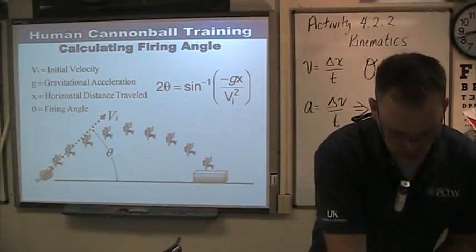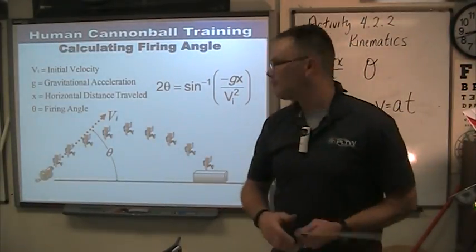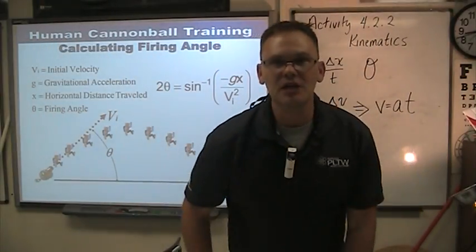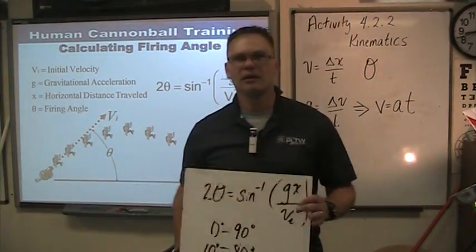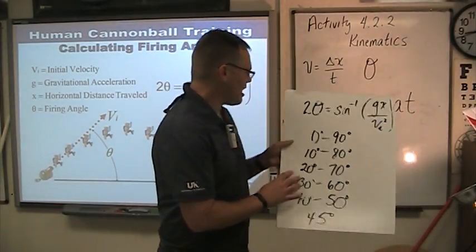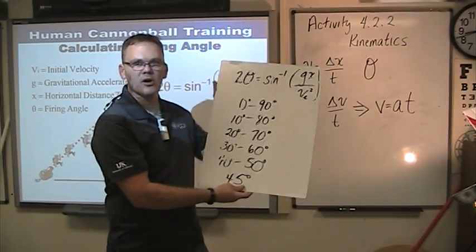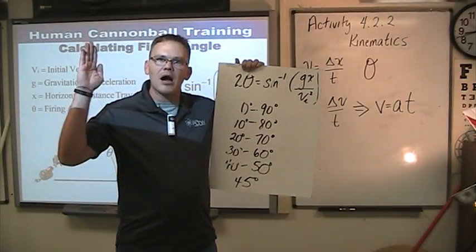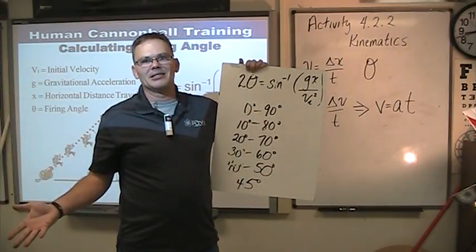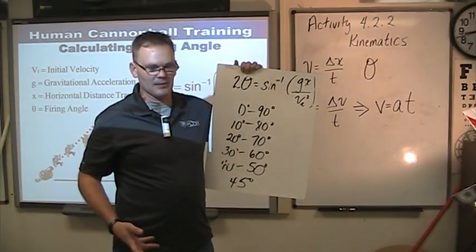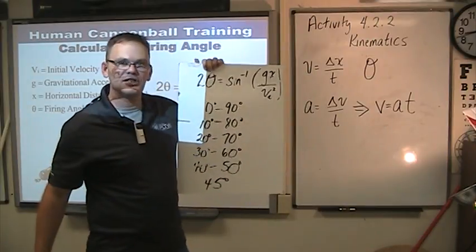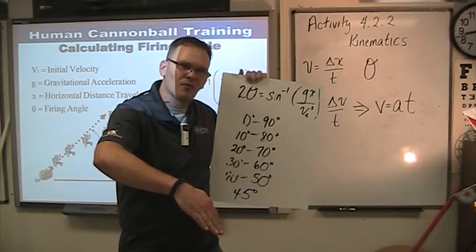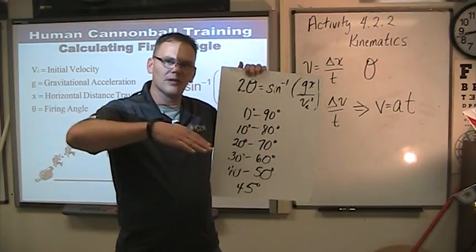Now, with the angle that you fire it at, notice that we have 2 theta. What does this mean? Well, this means that we actually have 2 angles that are correct. Because of it, at 0 and 90 degrees, if I fire on the ground, which is 0 degrees, or if I fire straight up, it'll land in the same spot, right where you began. Or, if I fire at 10 degrees, which is a low elevation, gravity is going to pull it down a lot faster, so it's not going to go that far.